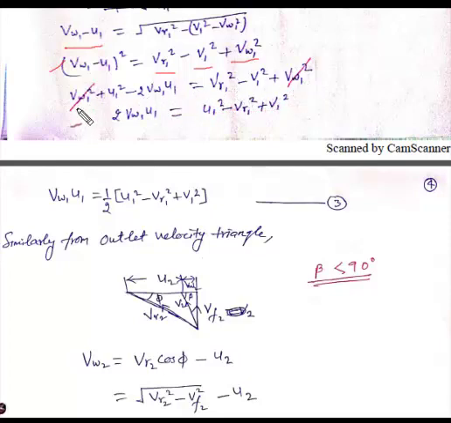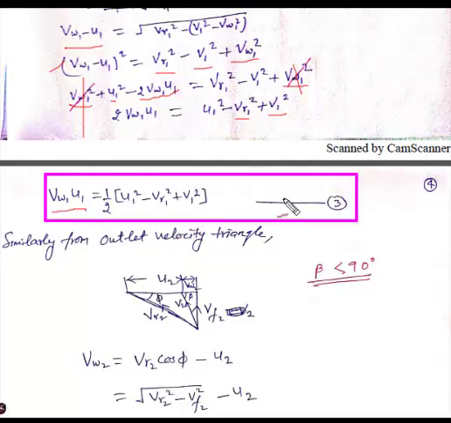Here by equating the equal values, this Vw1 square will cancel out from the equation. Then finally we get 2Vw1 into U1 is equal to U1 square minus Vr1 square plus V1 square. Then we can rearrange like this, Vw1 into U1 is equal to 1 upon 2 in bracket U1 square minus Vr1 square plus V1 square. This is equation number 3 here.